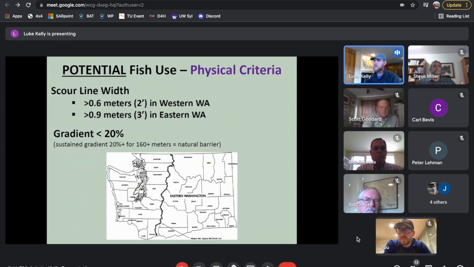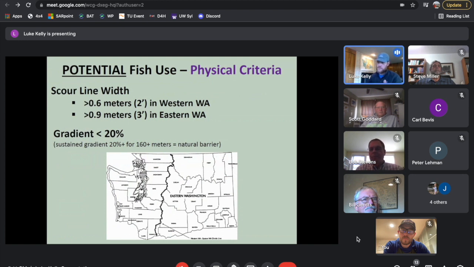And also gradient. Scour line width essentially is going to capture the size of the stream in terms of width. And then gradient is important to note, of course, if the stream gets too steep, certain species can't make it up. And at some point, about 20%, no anadromous species or resident species can progress upstream. In our training via the WWW protocol, you might not be able to measure a natural barrier, and you're not intended to.